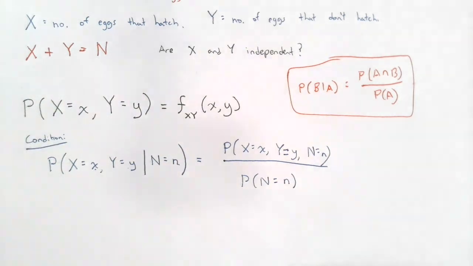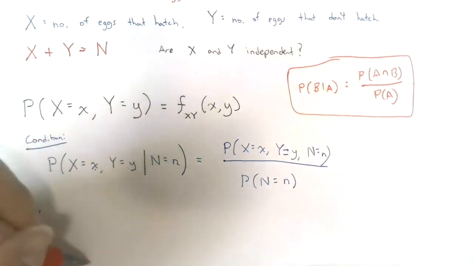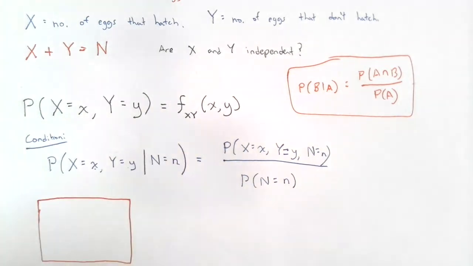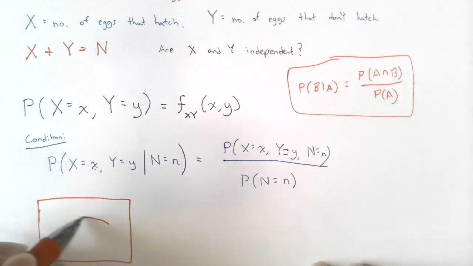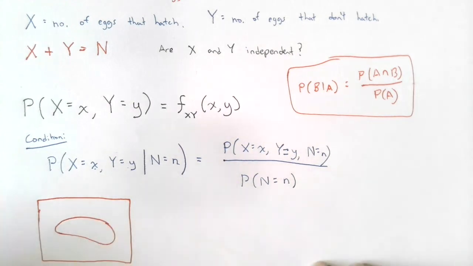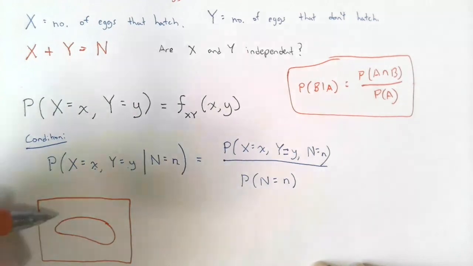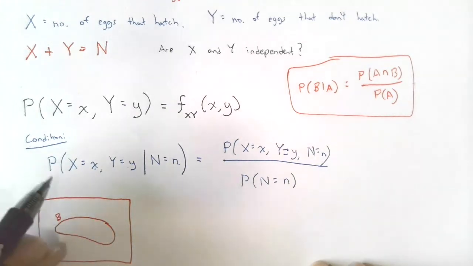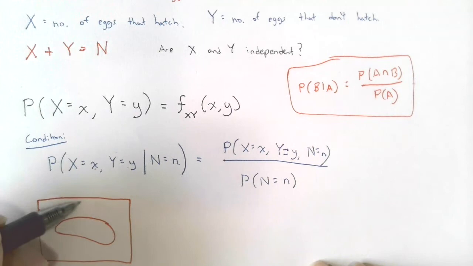So I'm going to draw a little sample space here, and I'm going to use a red pen because there's actually a little bit of an aside here. I'm going to say that I have a blob, and this blob represents my event B. But now I will also say that I can divide this sample space into two halves.